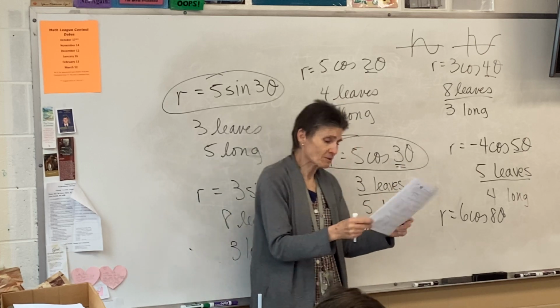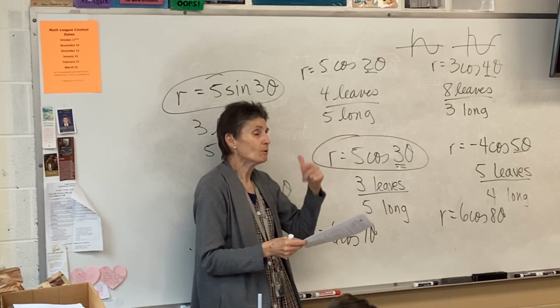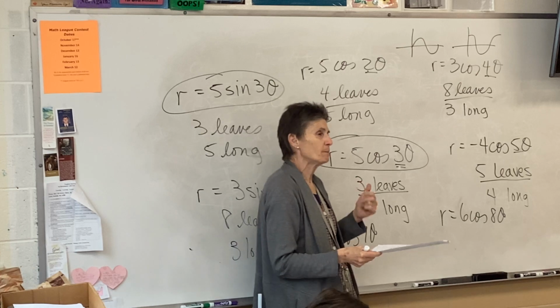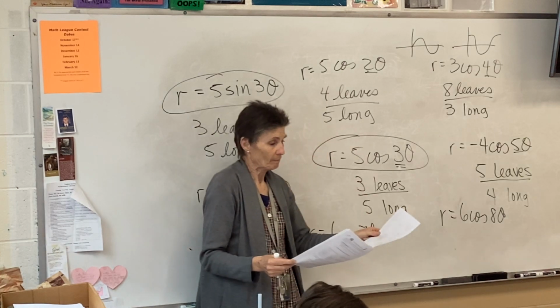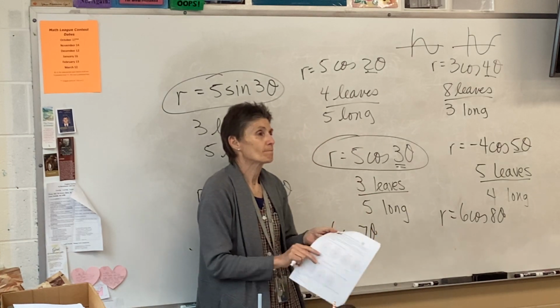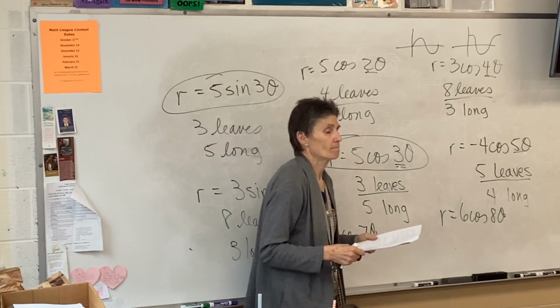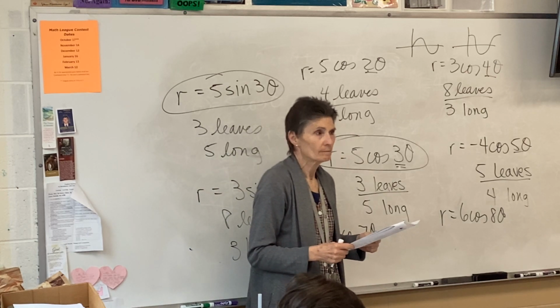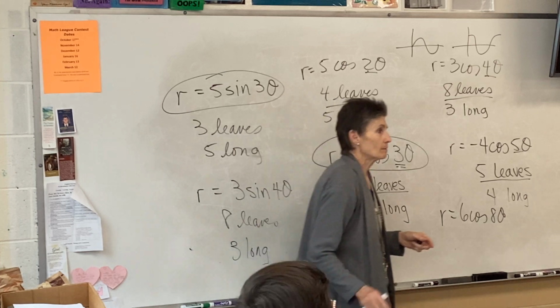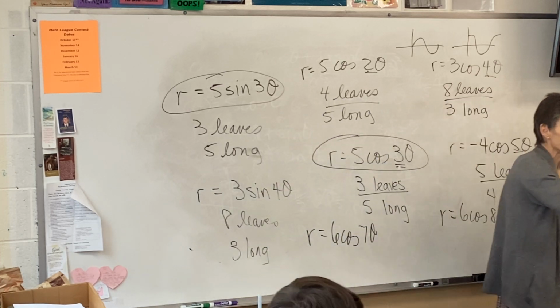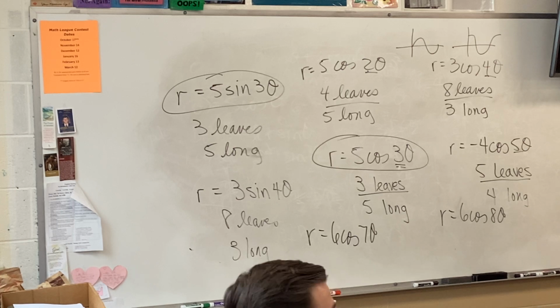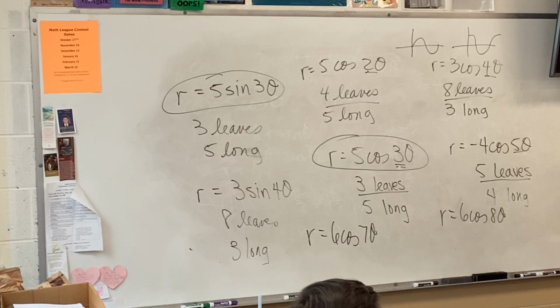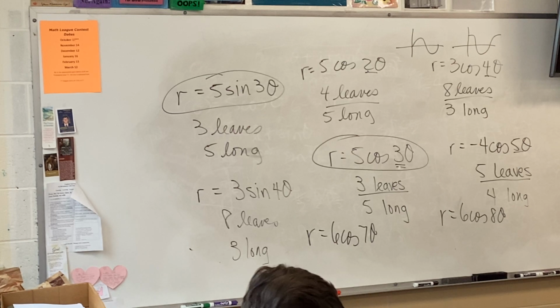Last thing on that page. For each of the graphs, so for any of these graphs, how can we figure out the angle between the petals? Wild guess, 180 divided by these. Okay, it wouldn't be 180, 360, because aren't we graphing all the way around the circle? So think about it, guys.